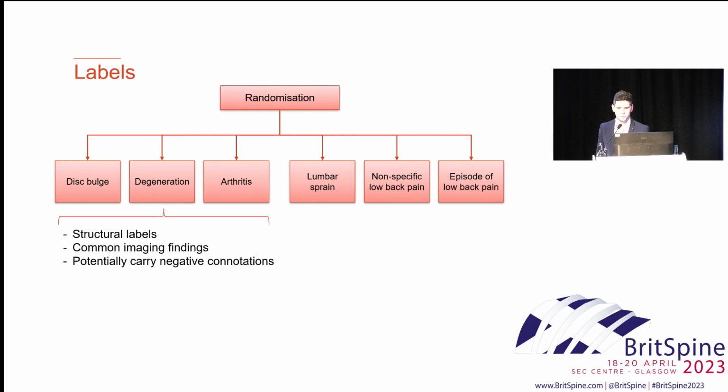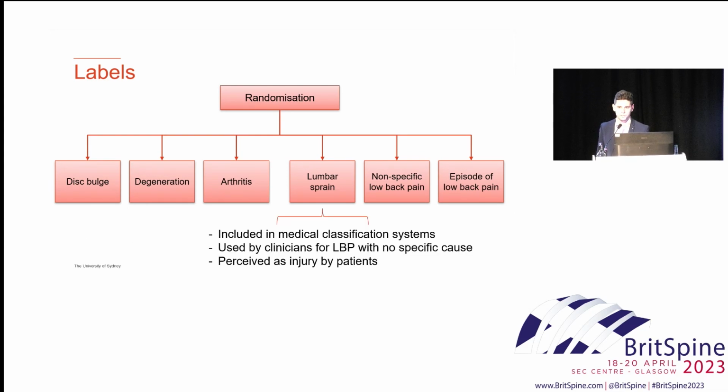We had 3 structural labels: disc bulge, degeneration, and arthritis. And the reason why we chose them is because they are structural labels. They're very common in imaging findings, and they potentially carry negative connotations, as previous studies had shown. We also used a label, lumbar sprain, because it is included in medical classification systems.